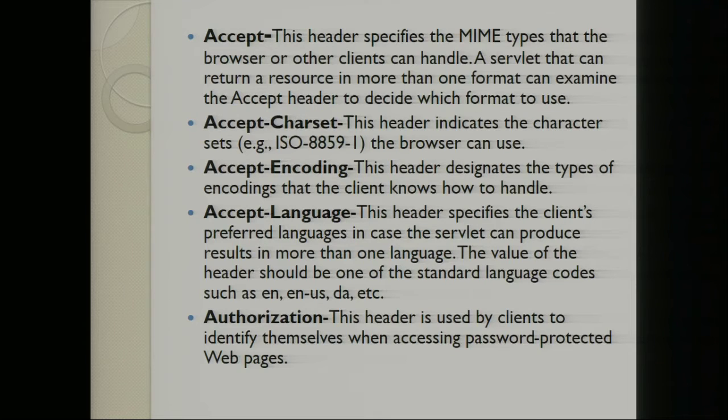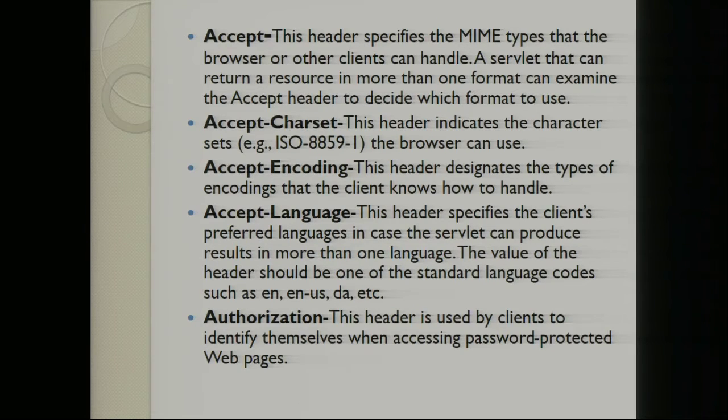So the server will check using this Accept header whether PNG or GIF is acceptable by the browser. If it is PNG, then it will convert that particular image into PNG, and if it is acceptable by the browser, it sends the image in that particular format.